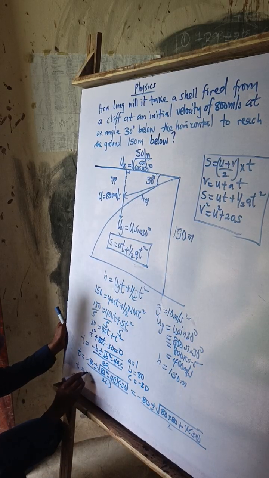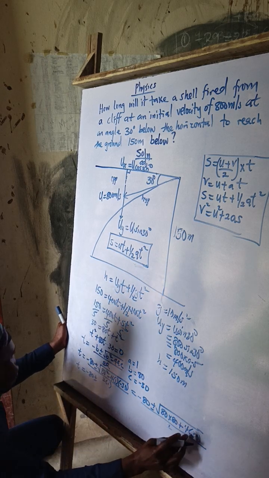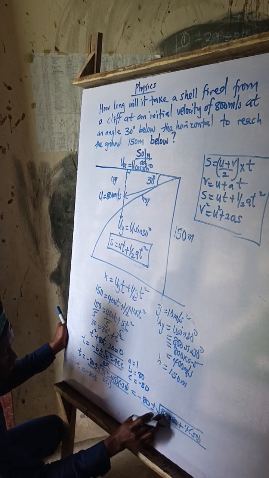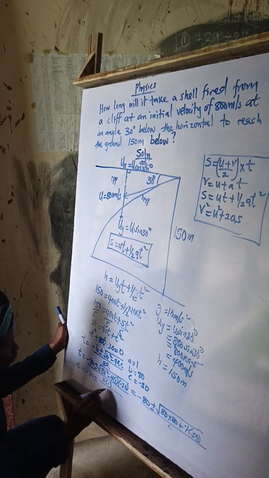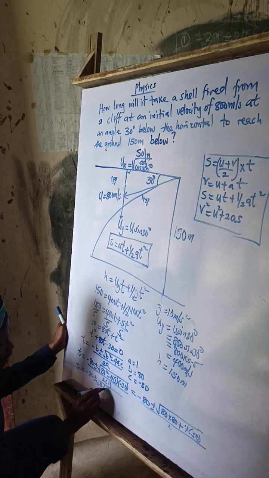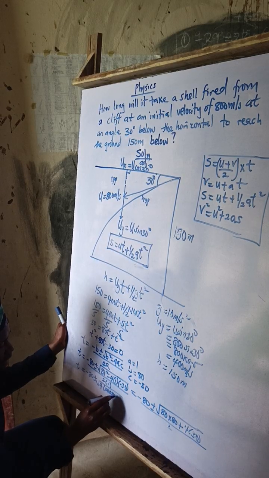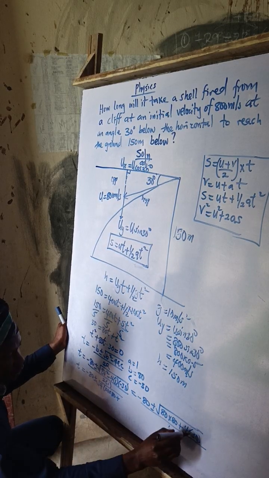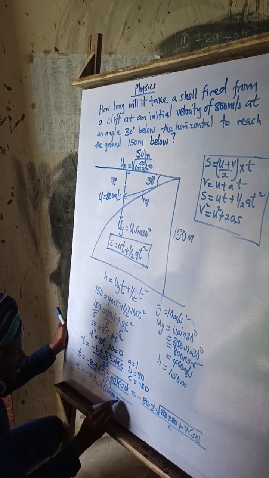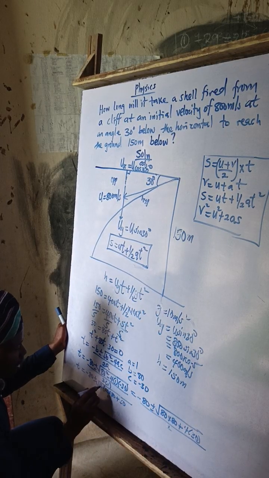Now we have minus 80 plus or minus. We are going to factorize 4 from here, then 4 from here. When we factorize 4, we have the square root of 4 from 80 squared, we have 20 times 80, then plus 4 from 30 times 4. That's 4 times 30. We are going to have 30 left, because we have factorized 4 out.